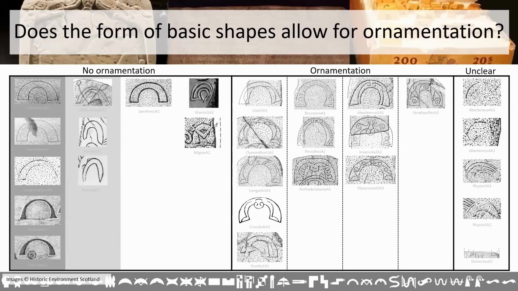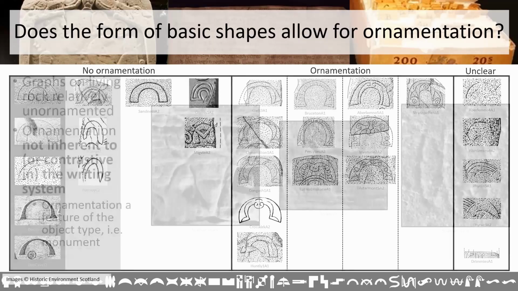On the left, we can see those graphs that don't bear ornamentation, and on the far left, you see a dark gray column. These are all of the graphs that are in cave wall contexts. Next to that column, you can see a light gray column. These are all the portable horseshoe symbols. So what you start to get a picture of is that the ornamentation is really more a feature of the monumental context than it is an inherent meaning-bearing unit of the writing system.